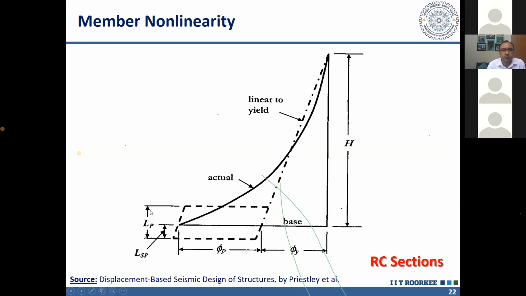So this LP is obtained empirically from experiments in such a way that by taking the second integral, double integral of this area, we should get the same displacement at the tip as obtained experimentally. Those empirical expressions are available in books and papers. So that's how this is obtained.